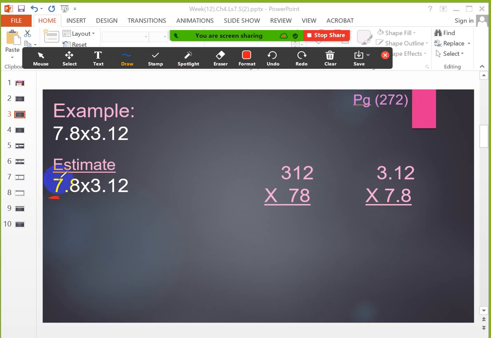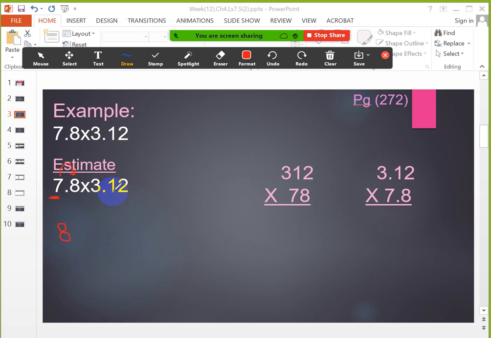After the ones, I have 8. 8 is greater or less than 5? 8 is greater than 5. That means I have to add 1 to the 7, so it will be 8, and the digits after it will be 0. Thank you, girls.